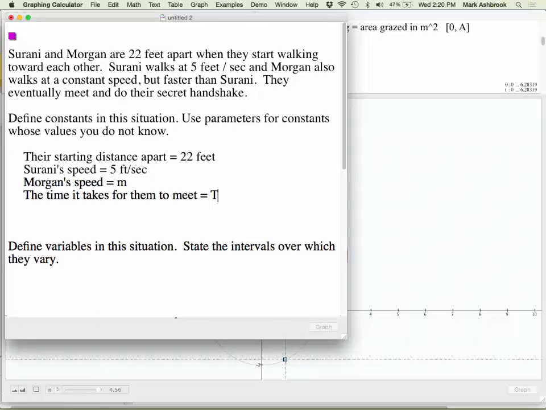Constants or parameters. Morgan's speed would be a parameter. The total time it takes for them to meet from when they started walking, that's a parameter too. Okay?